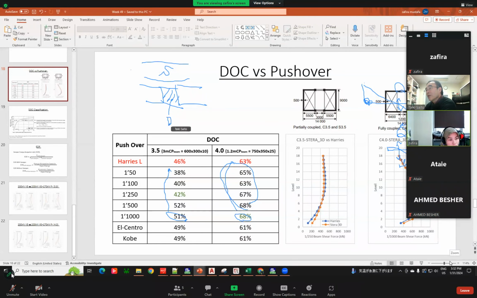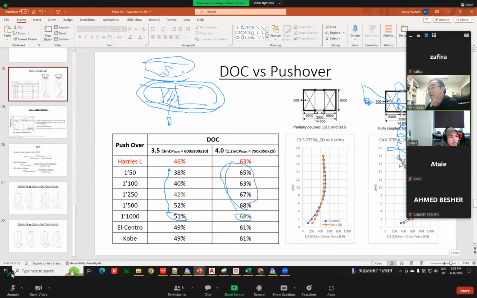So the coupling ratio of this case is not the same as this one. Yes. So how do you evaluate the coupling ratio?